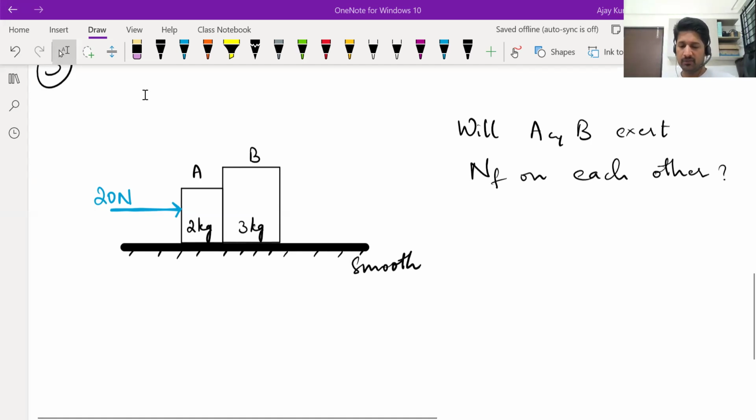What happened? Others are not able to decide whether they exert normal force on each other or not. Okay, Pawan, you're the one who said yes, no?